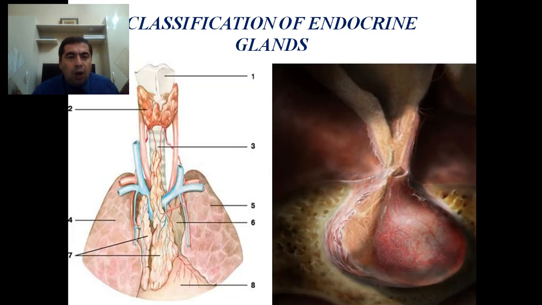adenohypophysis. You are looking again at this gland. For example, you are looking at the thymus, a fork-shaped gland, and the hypophysis, which is developed from two sources. Adenohypophysis. Adeno means the glandular hypophysis. It's the main mass of the hypophysis.